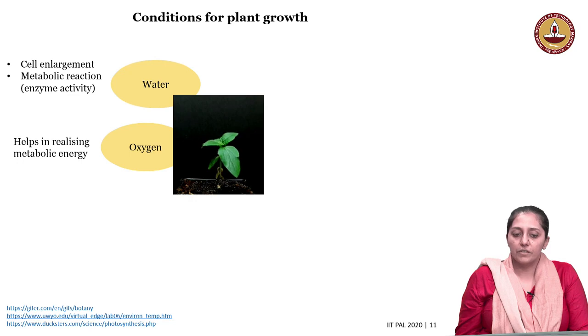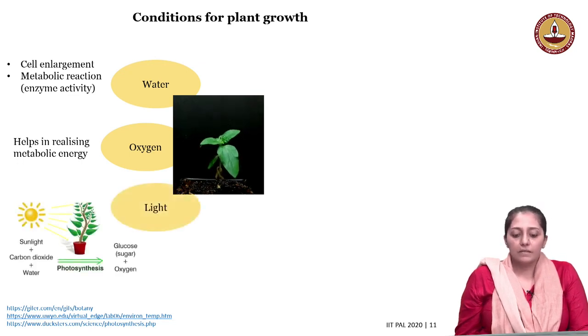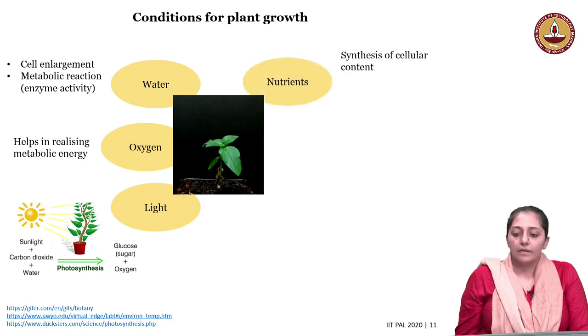Oxygen is a gaseous nutrient which helps in releasing metabolic energy. Light, again, it helps in generation of energy. Then nutrients, anyways these are required for synthesis of cellular content.